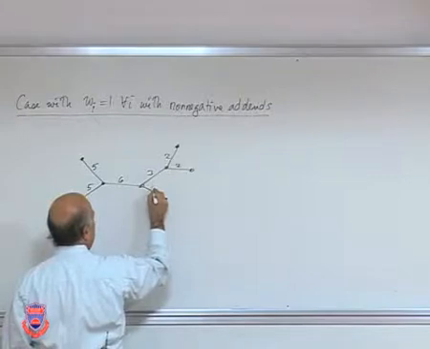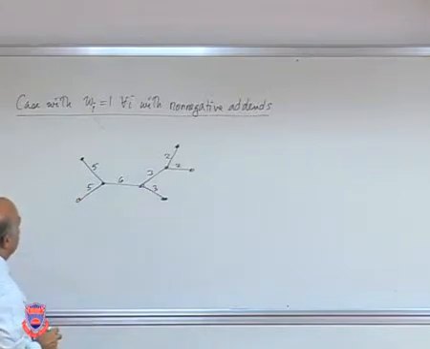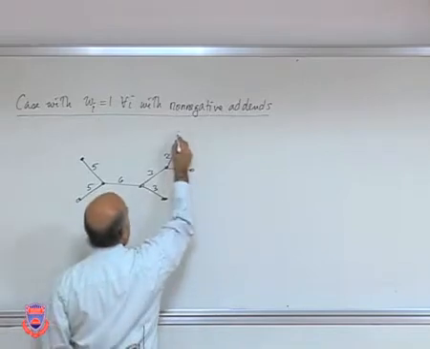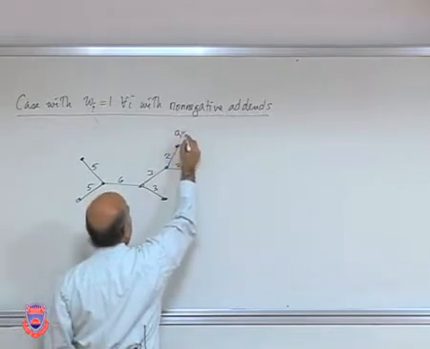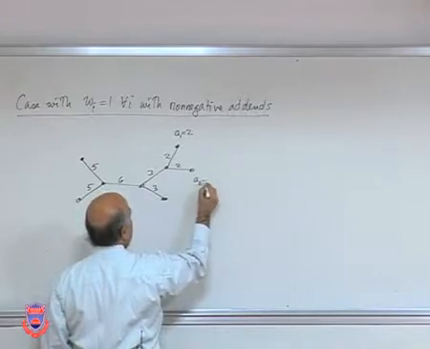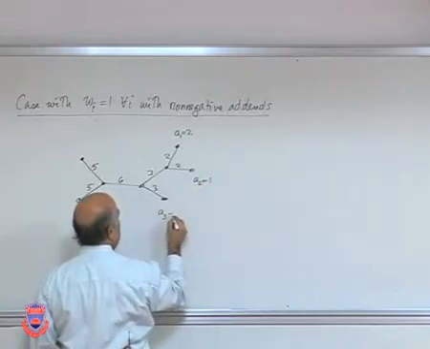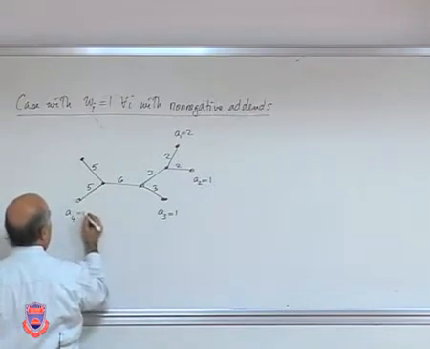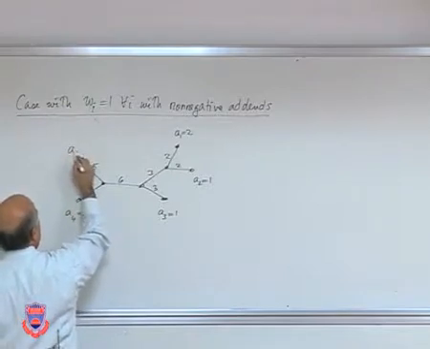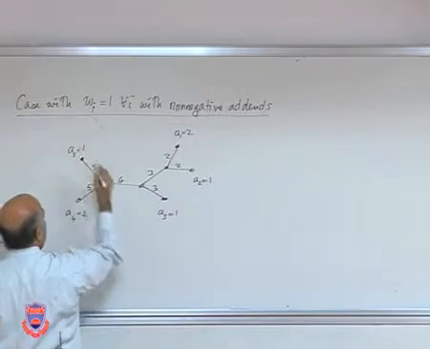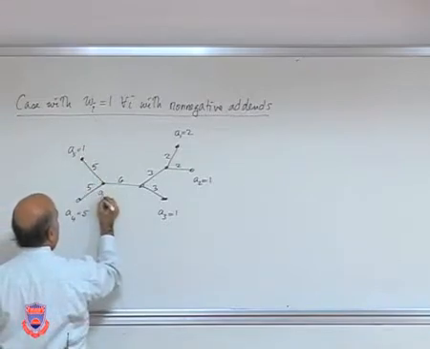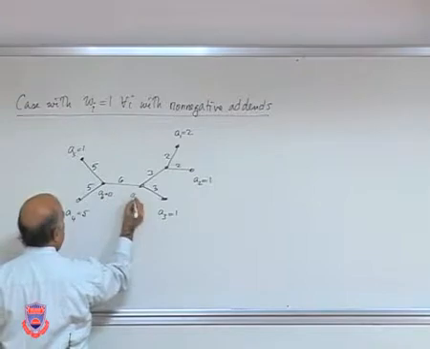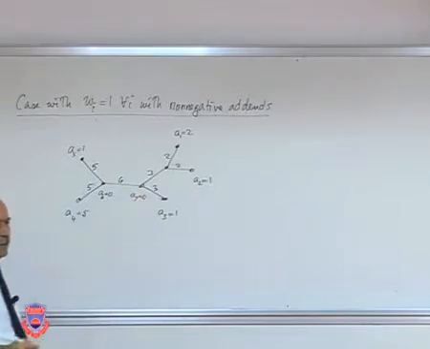So suppose A1 is 2, A2 is 1, A3 is 1, A4 is 5, A5 is 1, A6 is 0, A7 is 0. Let's assume that this is the situation.